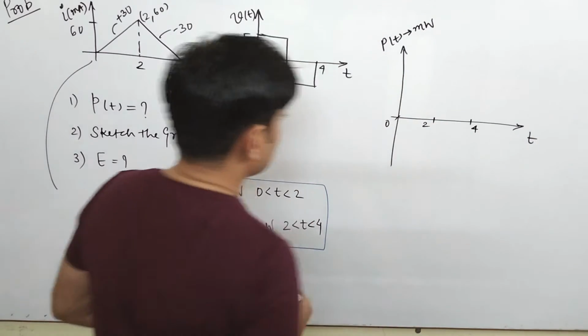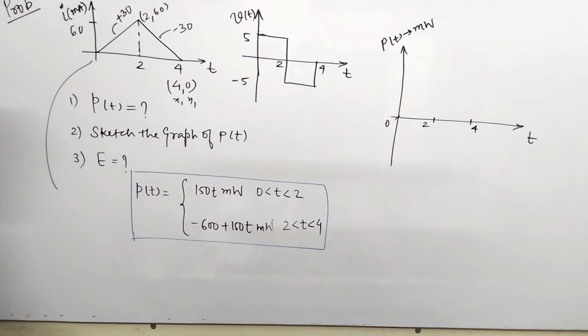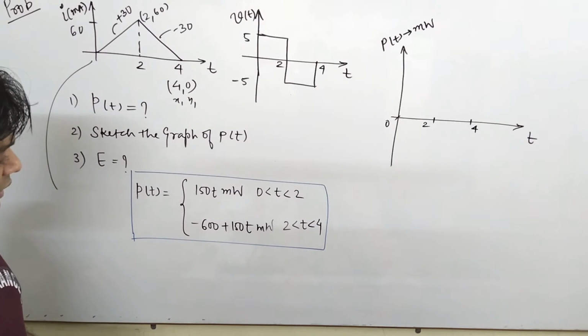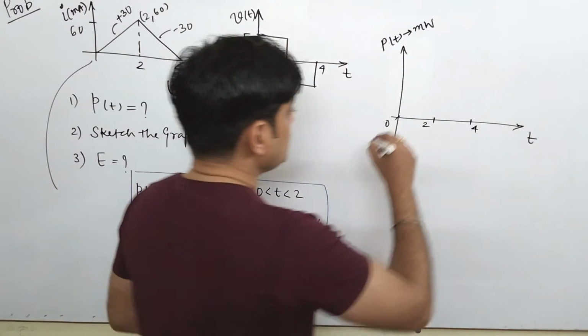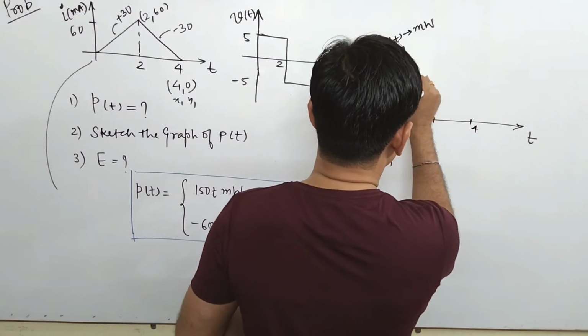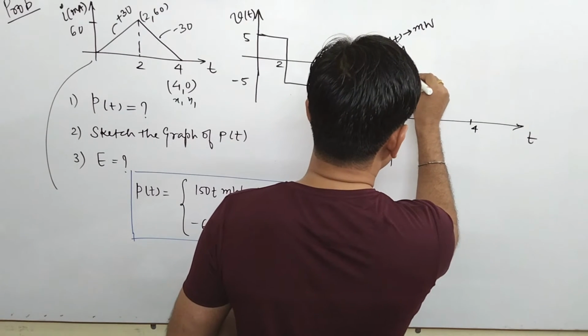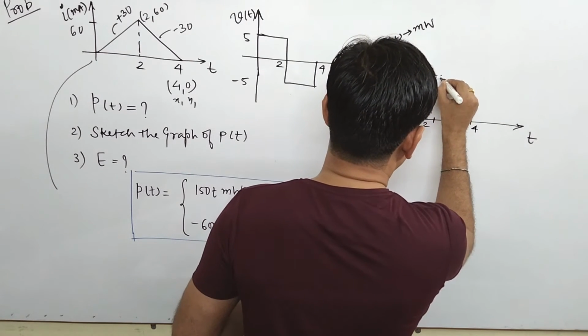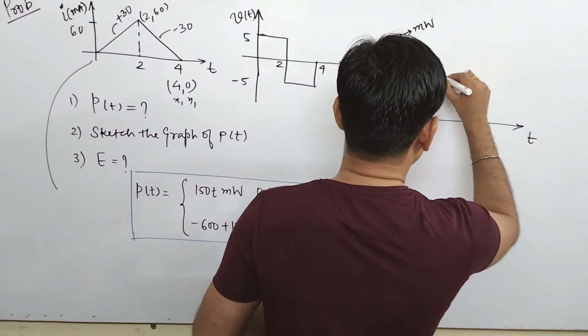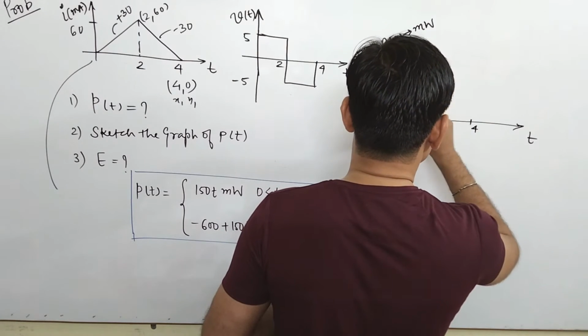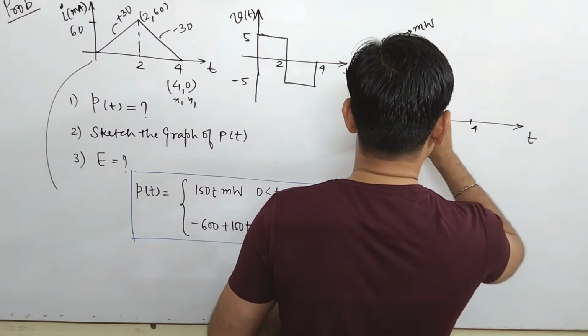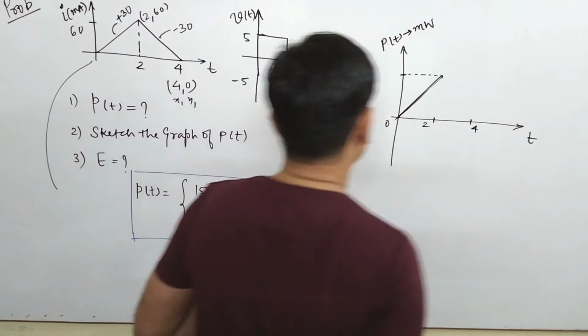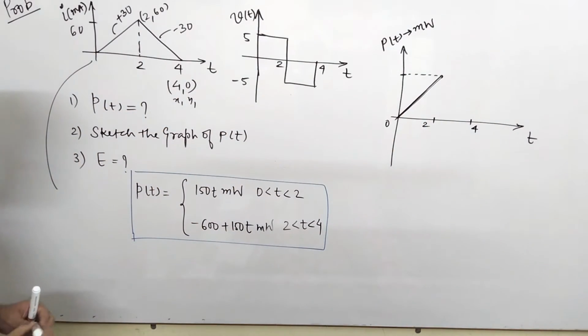Now 150t milliwatt from 0 to 2 means from 0 to 2 it goes to 150. If I say this is 150, then from here to here is one ramp signal. Please try to understand.